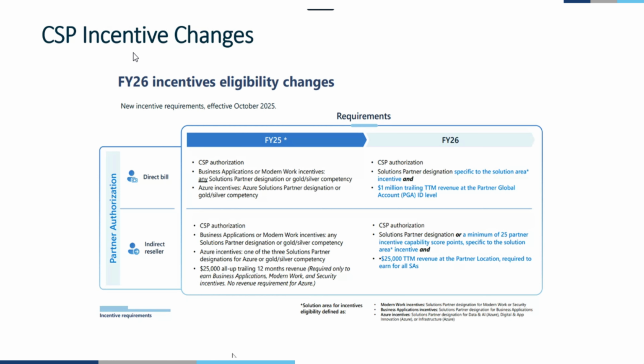Scott, just to be super clear, it's the exact same percentages. It's paid directly from Microsoft to either the direct reseller or the indirect reseller. Correct, the percentages match dollar for dollar. If you get the incentives guide out and look at them side by side, the direct incentive is the same for the partner as the indirect incentive.